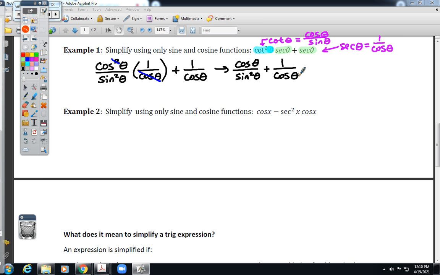Now, in order to add those expressions together, we would need a common denominator, which would be cosine times sine squared.